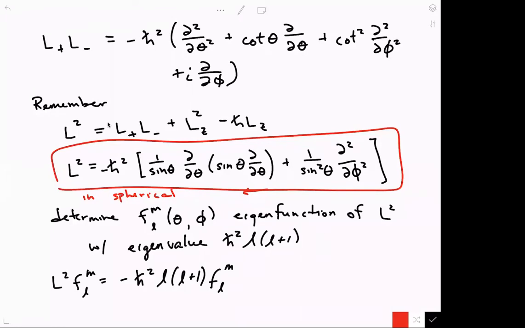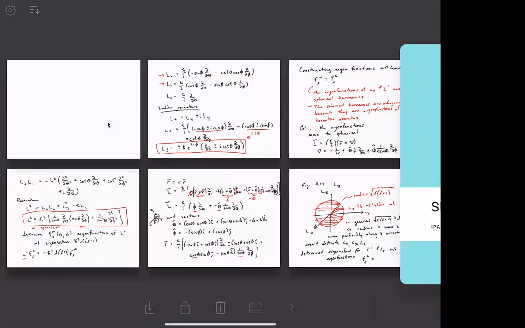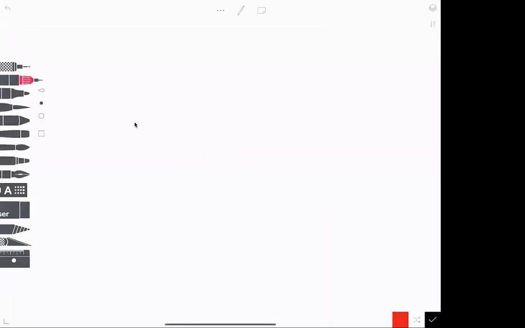And so if, instead of writing this, we write what I have boxed in red above, we're going to have an equation that looks like this. It's going to look like minus h bar squared, and this is where I'm just taking the stuff out of that red box and writing it for L squared.